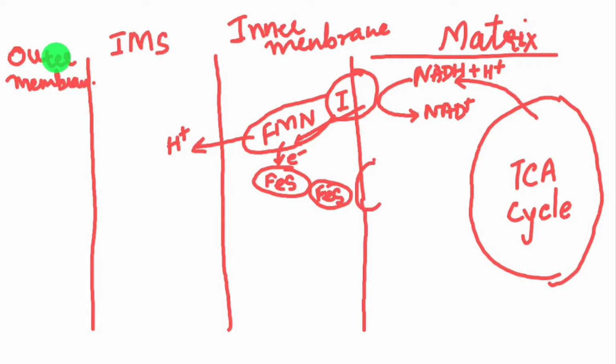And then the second complex is succinate dehydrogenase. Succinate dehydrogenase will accept another molecule which comes from the TCA cycle, which is FADH2, and it forms FAD plus.